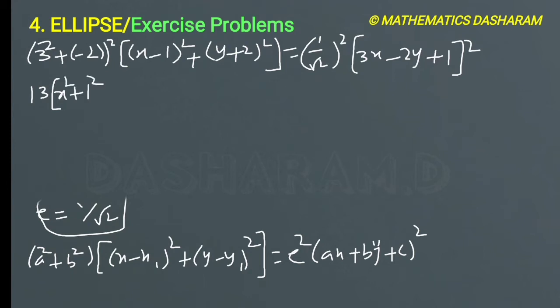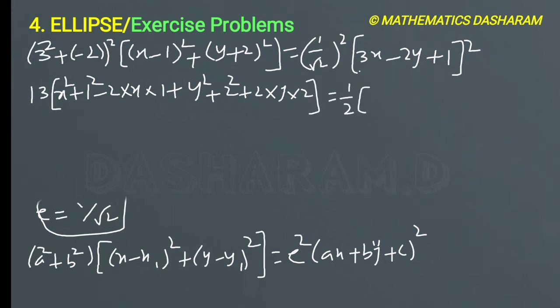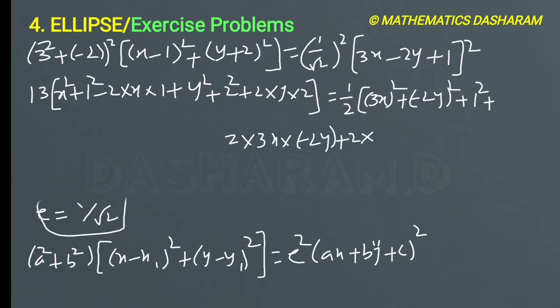Here the (a minus b) whole square formula, and here the (a plus b) whole square formula. So x square plus 1 square minus 2 into x into 1. Here y square plus 2 square plus 2 into y into 2. It equals (1 by root 2) whole square, which is 1 by 2. Here the (a plus b plus c) whole square formula: (3x) whole square, (minus 2y) whole square, 1 square, plus 2 into 3x into minus 2y, plus 2 into minus 2y into 1, plus 2 into 1 into 3x.